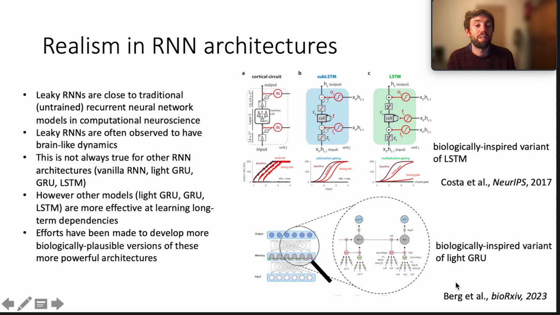And there have also been biologically inspired variants proposed of some of the other architectures, including the light GRU.